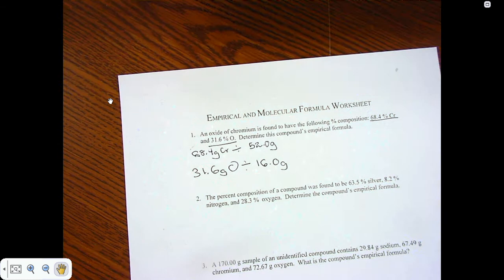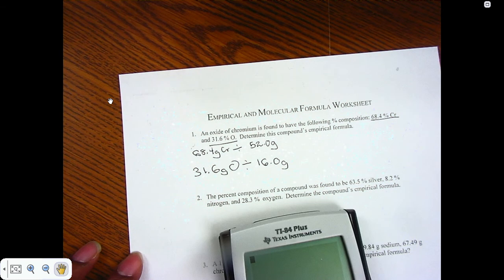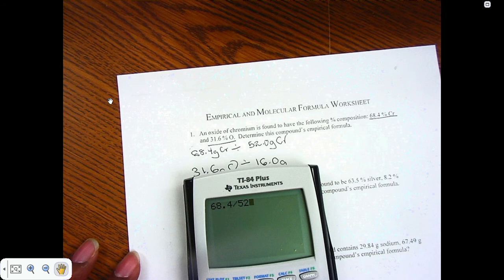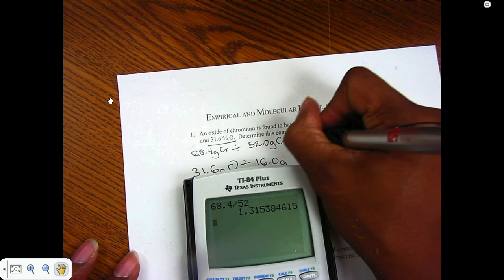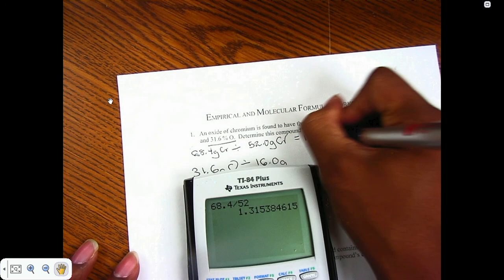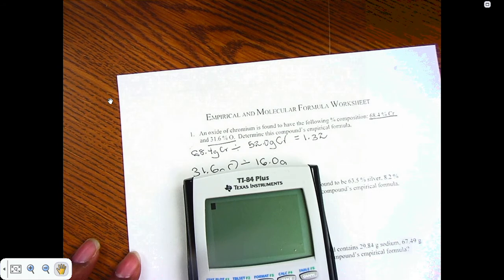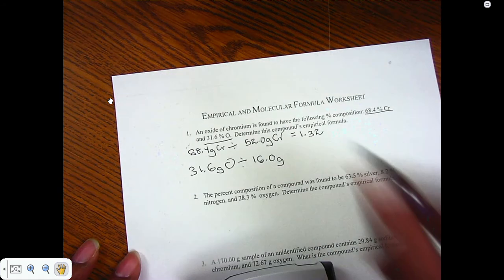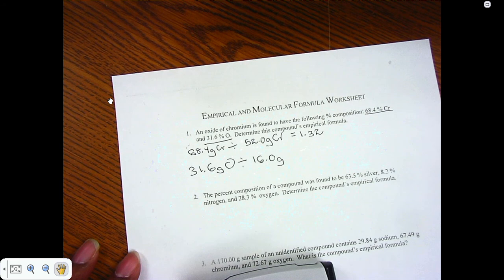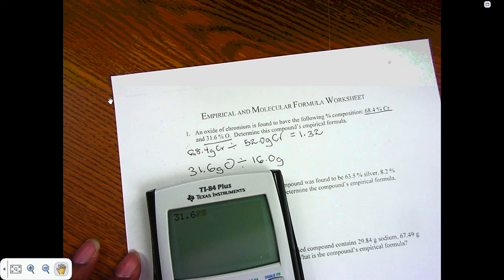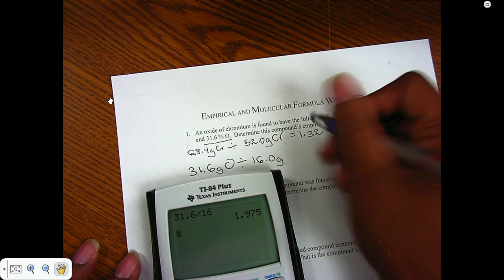So I take my 68.4 grams and divide that by 52 because that represents the chromium, and that yields roughly 1.32. And then I take my 31.6 and divide that by 16.